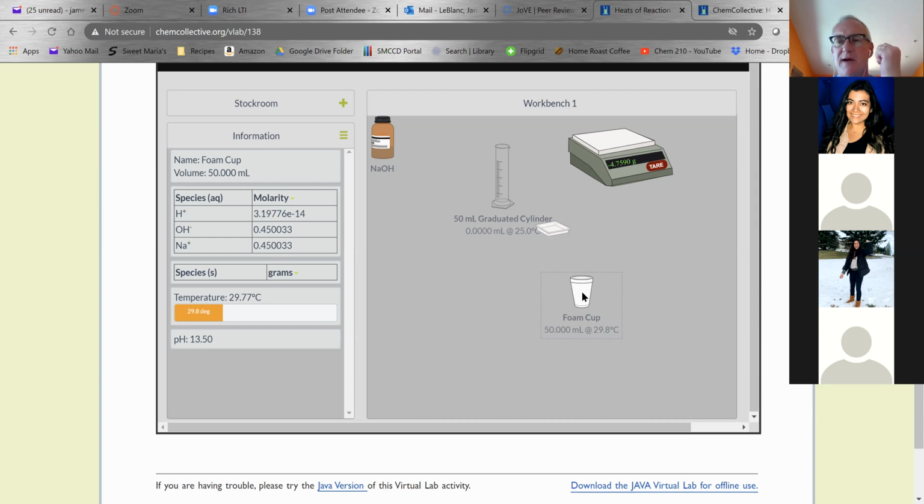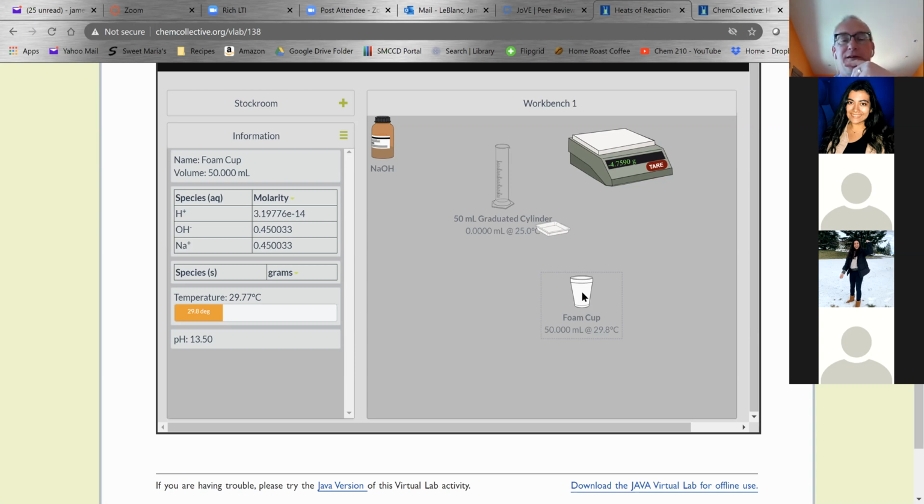So what's the pH of my solution now? 13.5. It's going to be around 14. Oh, yeah, 13.5, something. It's written down there. Yeah, I was just going off the concentration of H plus.